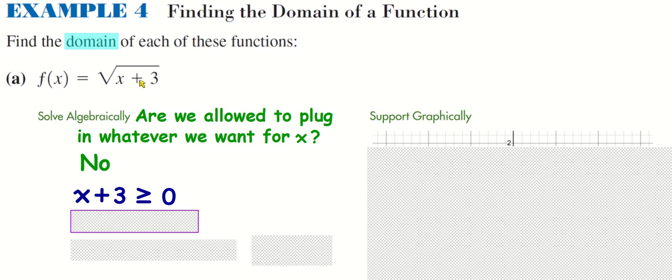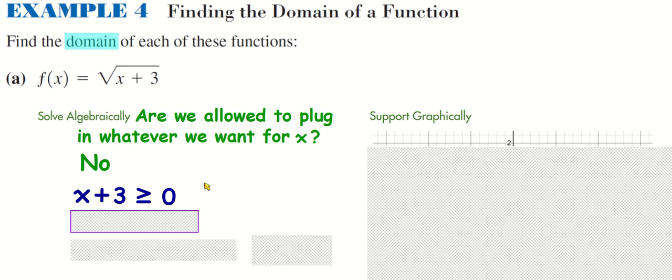Because, remember, whatever you're taking the square root of has to be 0 or larger. In other words, you can't really take the square root of a negative number, not without getting into imaginary land. A little bit of foreshadowing there, too.